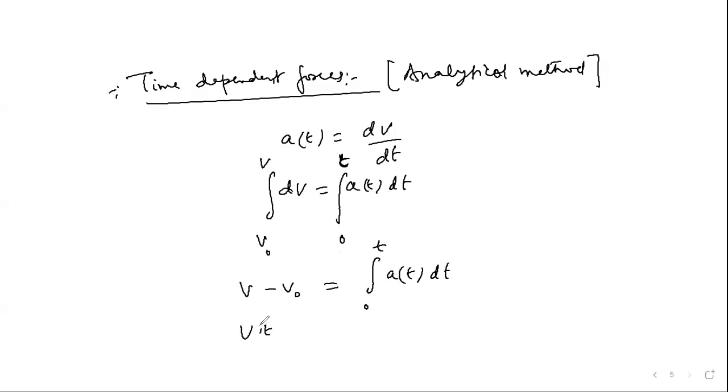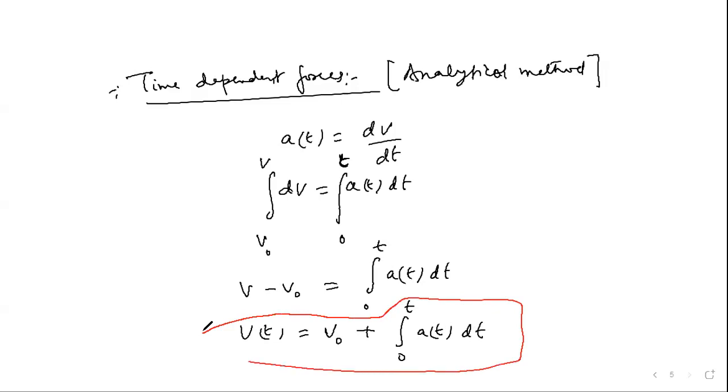And I can write v of t is v naught plus integral 0 to t of a of t dt. So this is my velocity time function. One equation, and we name it 3, which can be used when the force is time dependent, that is acceleration is time dependent.